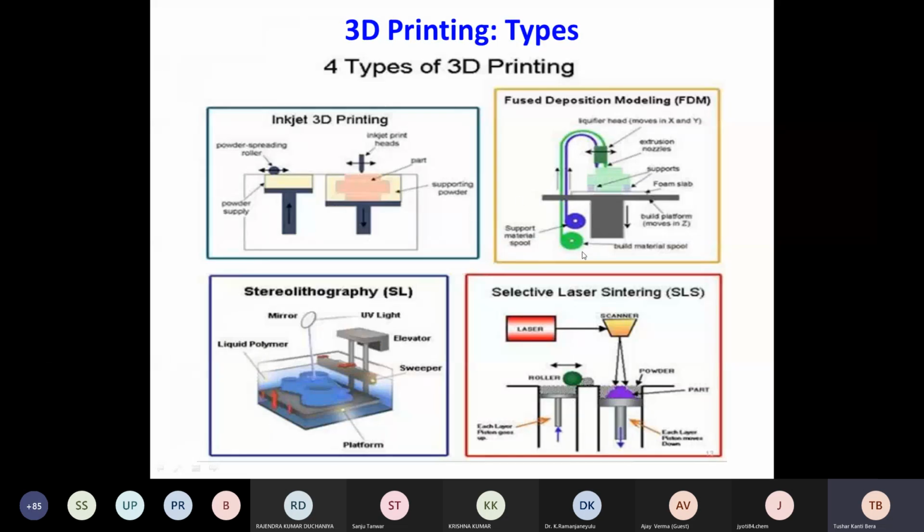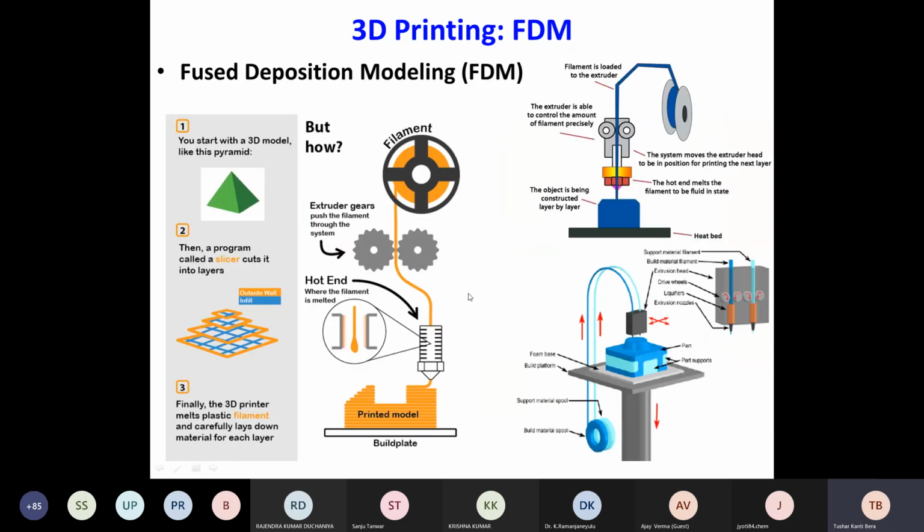There are different 3D material development techniques, where fused deposition modeling is one major type of 3D printing, where the nozzles can be single or double or many, and different colors of filaments can be taken, so that you can get different types of material with some target color also.